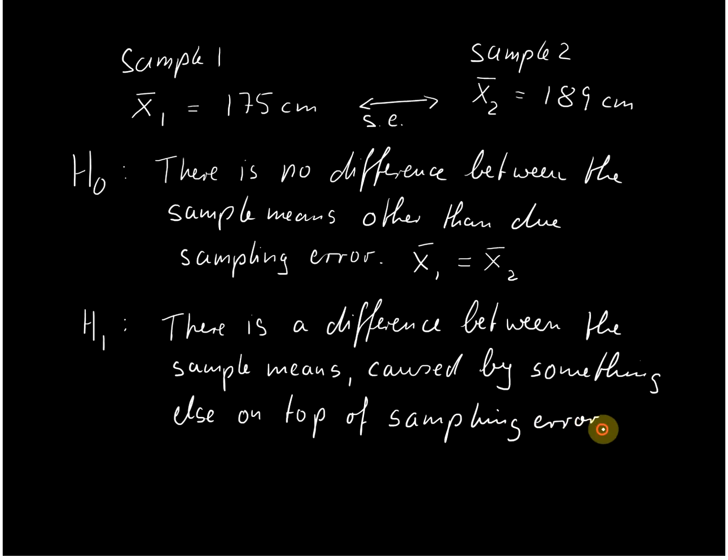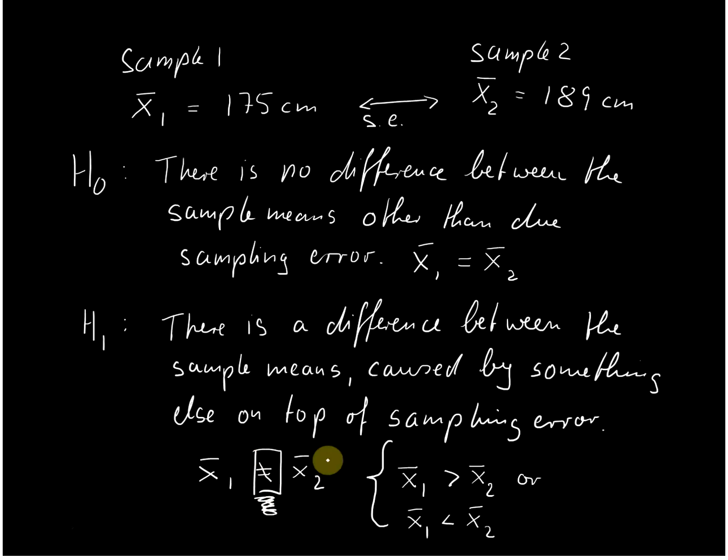So there is more to it. And we can say x bar 1 is not the same as x bar 2. We don't say whether x bar 1 is larger than x bar 2 or whether it is smaller than x bar 2. It could be both. We just say it is different.